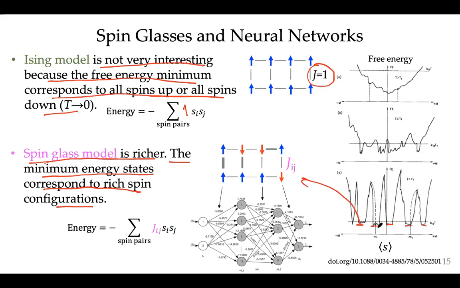The other may have some other configuration, but they all minimize the free energy. So this is another analogy between spin glass models and neural networks, because we know that neural networks, when the objective function is minimized, have many possible minima. So in that sense, there is another analogy between spin glass models and neural networks.